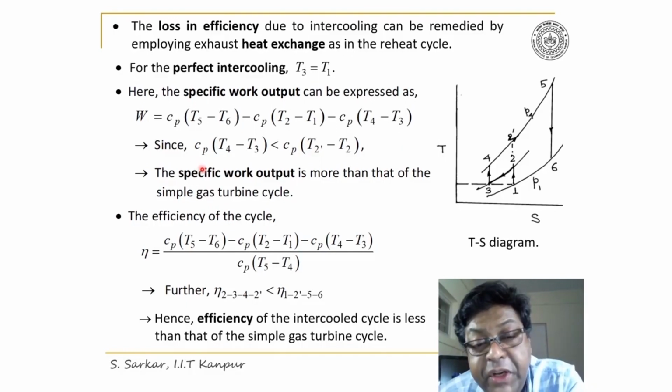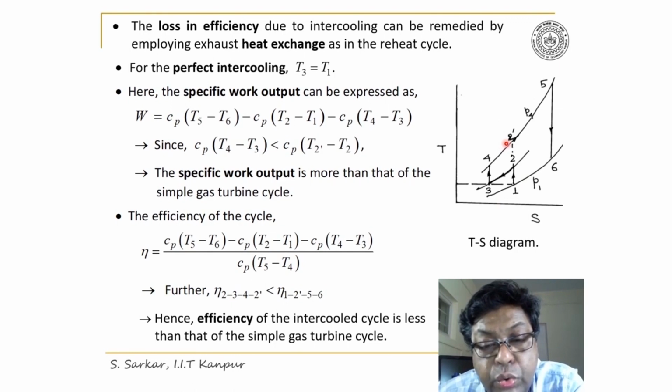Furthermore, one can appreciate that Cp into T4 minus T3 is less than Cp into T2 dash minus T2, which is the state point to T2 dash.